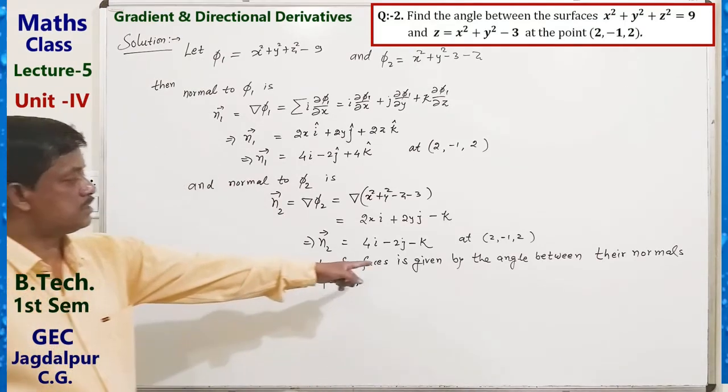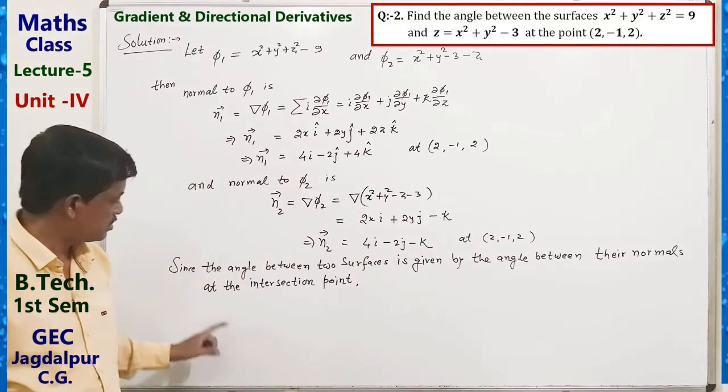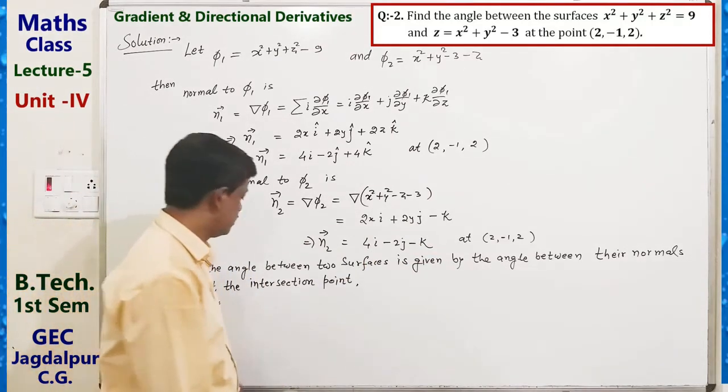The angle between two surfaces is given by the angle between their normals at the intersection point.